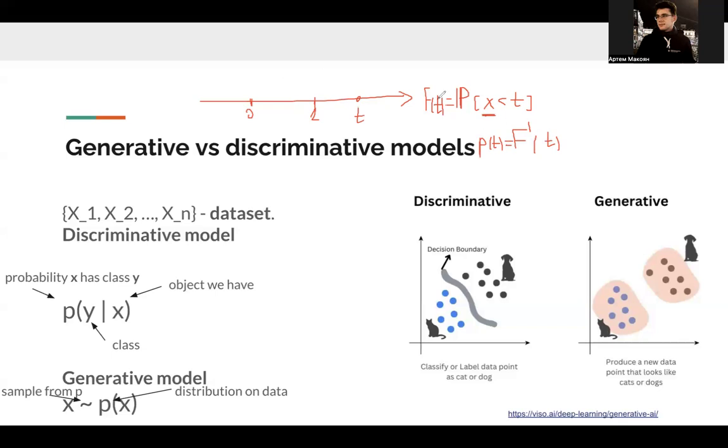What does the density function mean? First of all, we can ask, for example, what is the probability of taking an object from 0 to 1? Using our distribution function, we can say f of 1 minus f of 0, because f of 1 is the probability to be less than 1, and f of 0 is the probability to be less than 0.